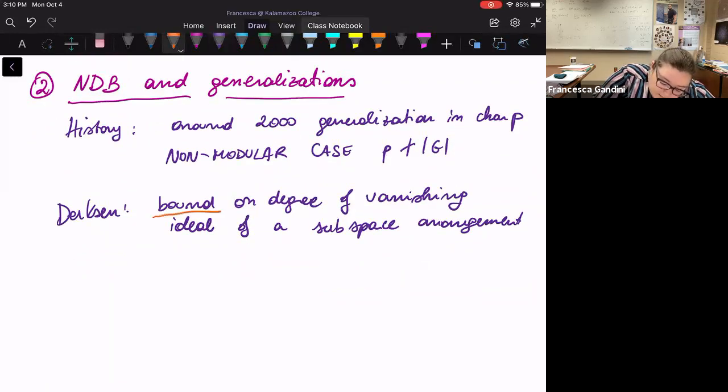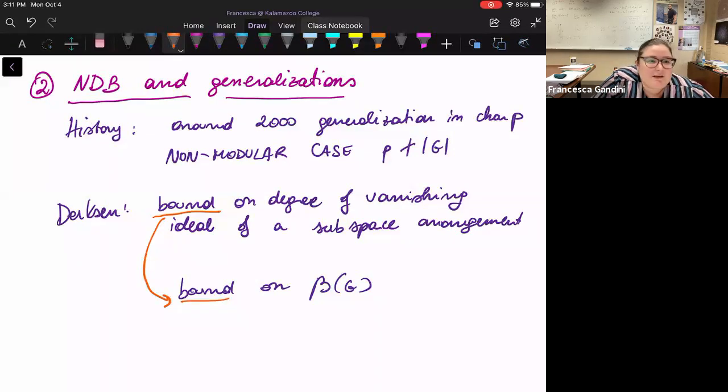So this bound is also going to give us a bound on beta G. So I'm going to shorten it there. At least at this point I use NDB. And I'm going to talk more about this connection in a later section.